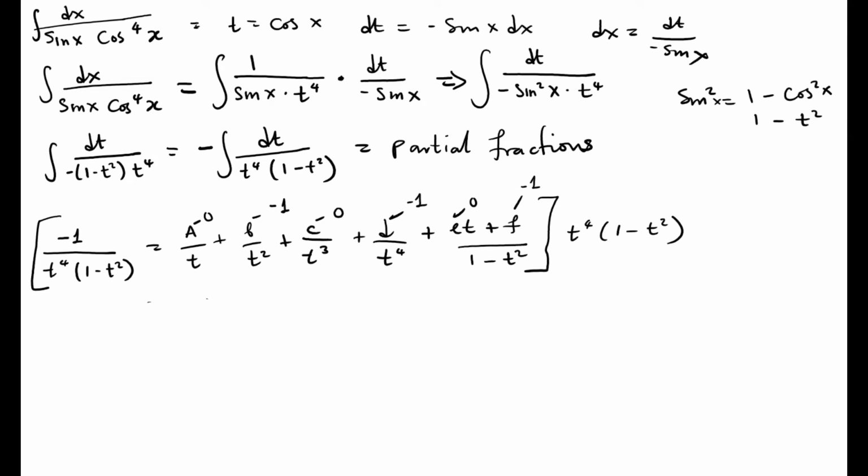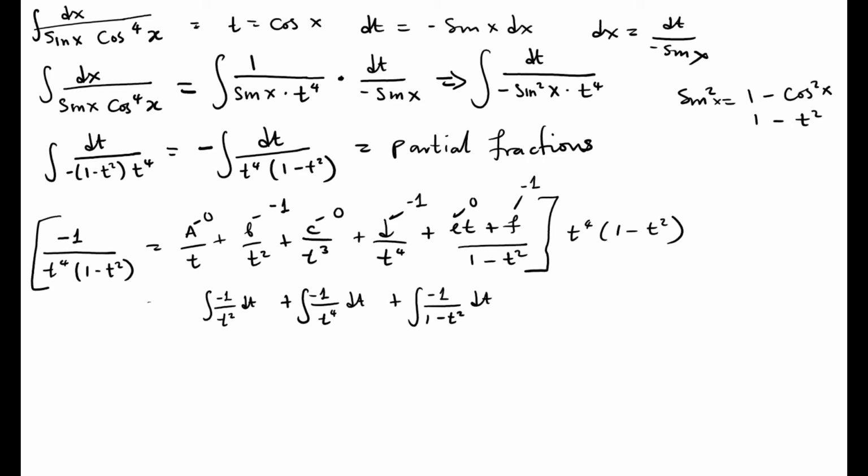So this one will give you integral of -1 over t squared dt plus integral of -1 over t to the power 4 dt plus integral of -1 over (1 minus t squared) dt.